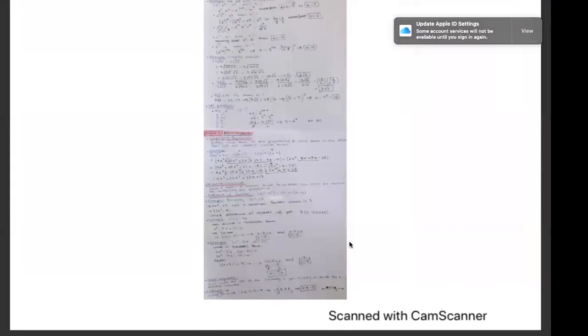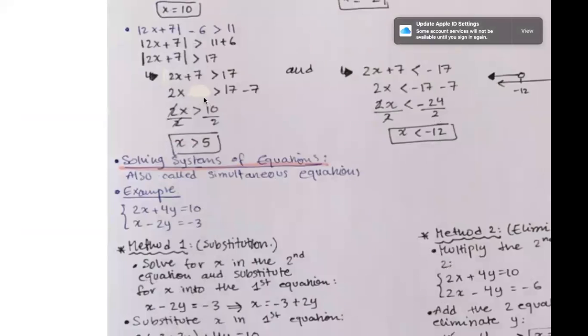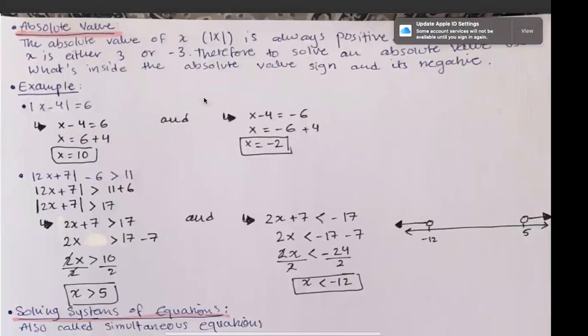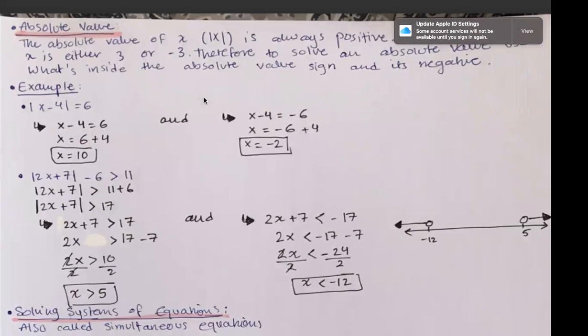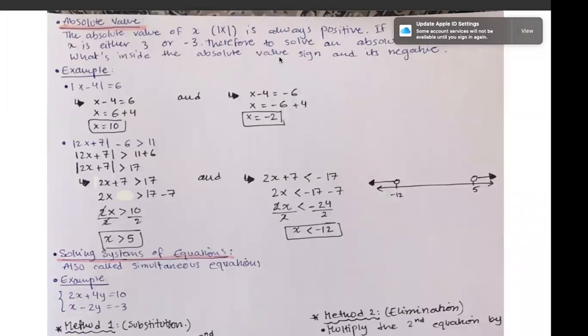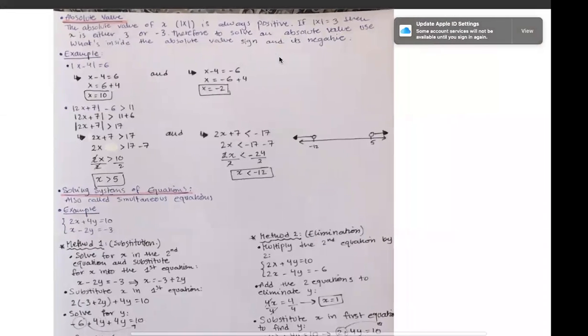And then we have the concept of an absolute value. An absolute value is written like this, and it means that the absolute value is always a positive number. If you have the absolute value of x equals 3, this means that x can be either 3 or negative 3, because either way the outcome is a positive 3, right?